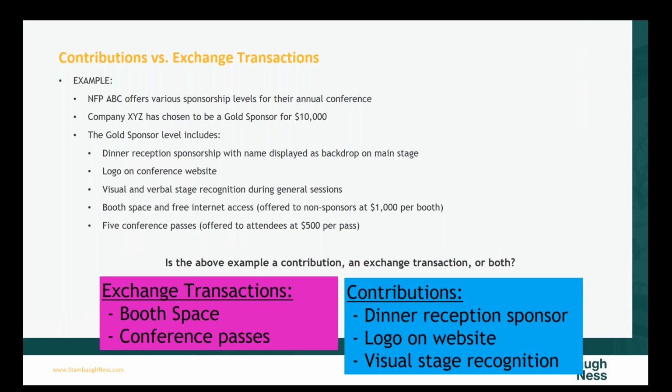Then, in each of those revenue streams, or categories of revenue that your organization receives, determine whether there are exchange transactions included. That's really the first part of implementing the standard: assessing those revenue streams and identifying the revenue you're collecting, and whether they are true contributions, true exchange transactions, or a combination of the 2.